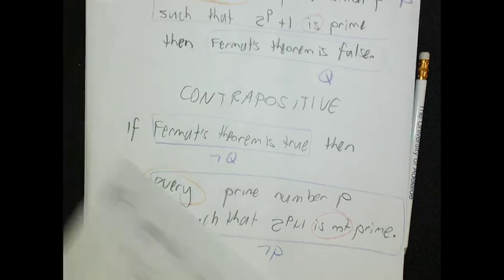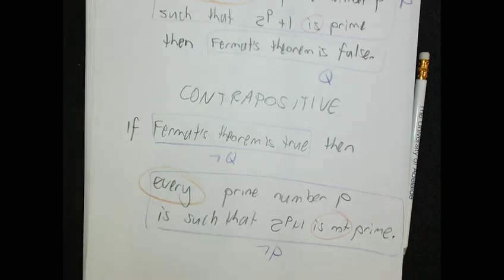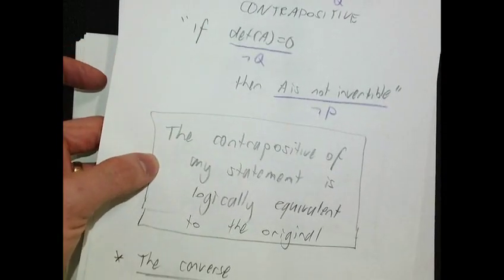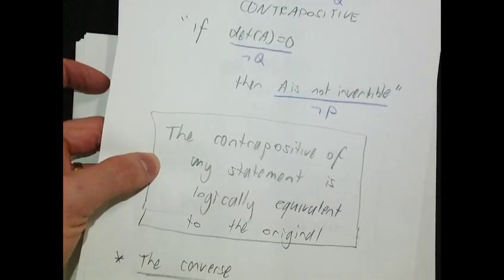So the final thing is just a second. Is an argument valid? Well, an argument is valid if the logic flows from one to the other. And that's pretty much all there is to it, except that we do have two rules that we've just learned about the validity of arguments. If the logic flows from a statement to its contrapositive, then that's a valid argument, because the contrapositive is equivalent.